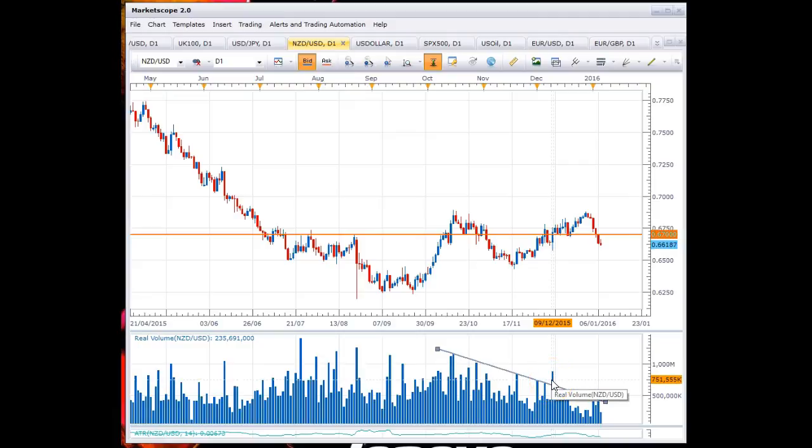The 9th of December was the Kiwi Reserve Bank of New Zealand rate decision, so that was a high volume event, up nearly 900 million, so nearly 1 billion. So those kind of events will, but even so, the volume has declined.